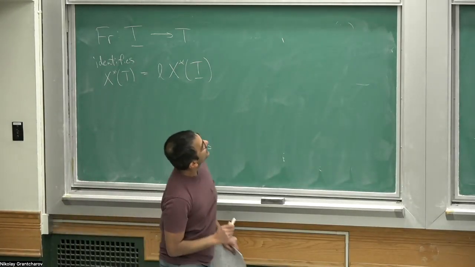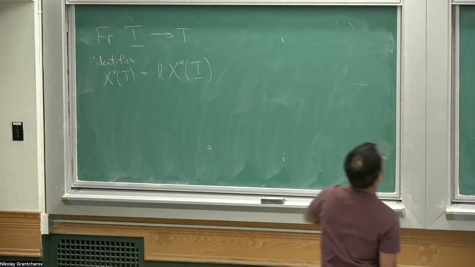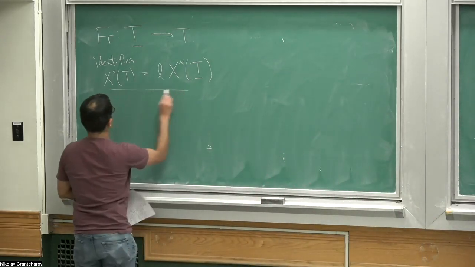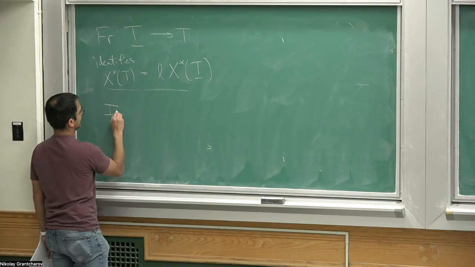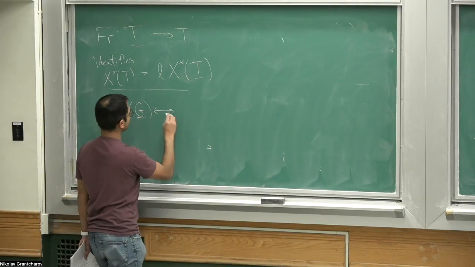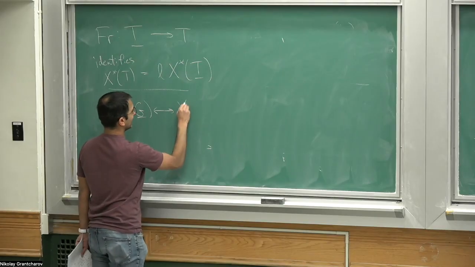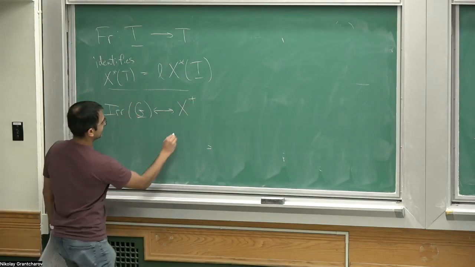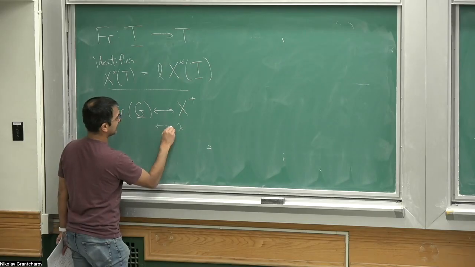Let me copy the next thing. There's a bijection between irreducible representations of the quantum group and X plus. I'm going to use the same notation.